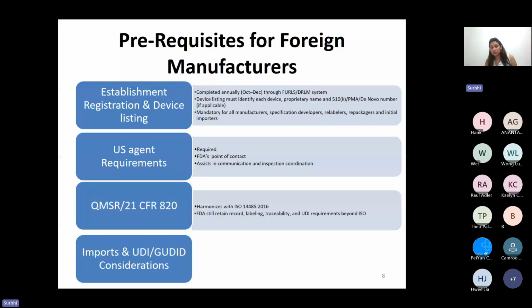But FDA still requires you to retain records, labels, and traceability beyond ISO 13485. And the last requirement is that all manufacturers should have a UDI, and they should register on GUDID, which is a global unique device identification database.